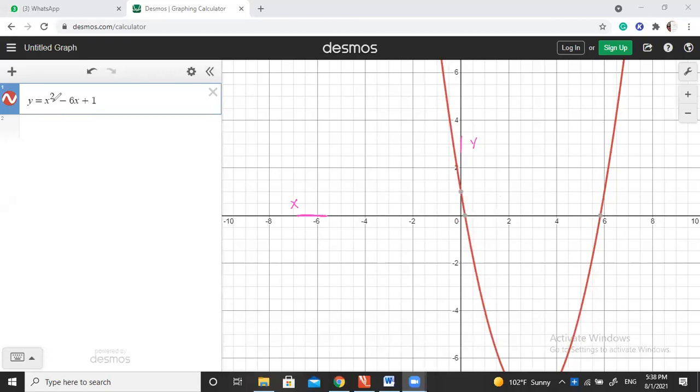In the beginning, you did y equals x squared minus 6x plus 1, and this is it. Then you need to know what is the value of x when y equals 0. You just draw a line like this.